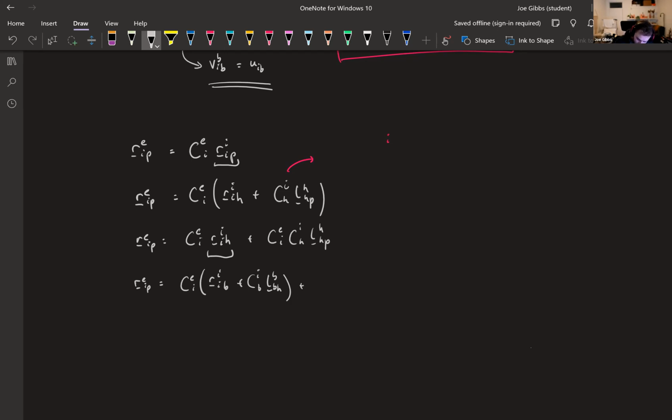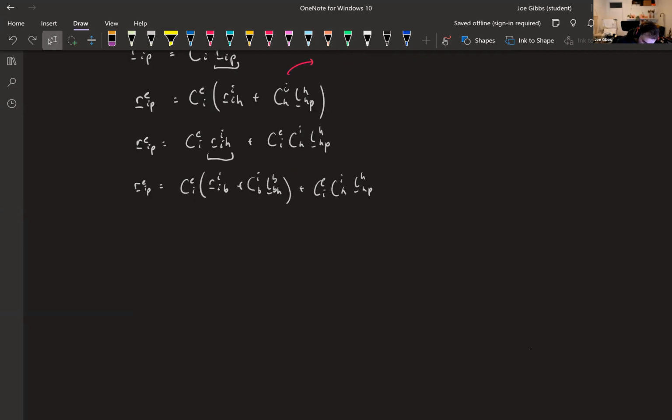I think the eagle-eyed among you will have seen that you can actually simplify this direction cosine matrix just here, because one's going from hub to inertial, the other's going from inertial to Earth. You can basically simplify that to hub to Earth, but we want to keep that for a very specific reason a bit later on. So I'm going to leave that there.